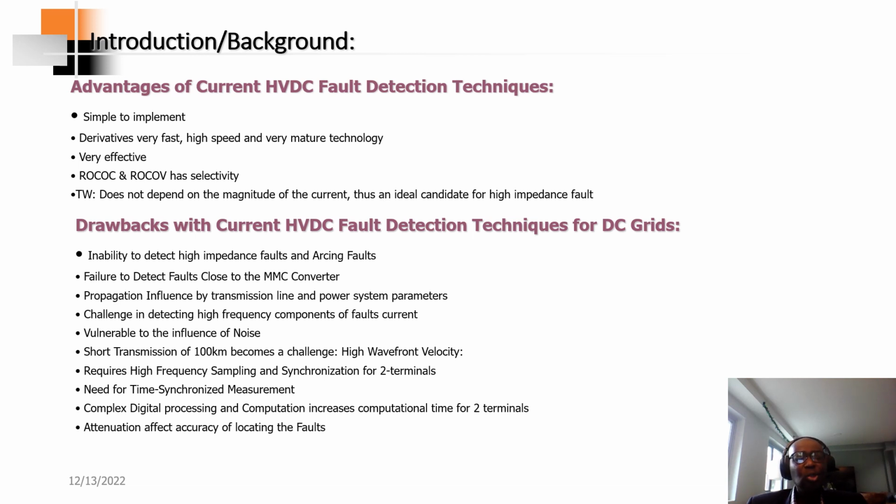As such, due to the impedance of the cable, the traveling wave is attenuated, and this attenuation makes it very difficult to detect these faults.